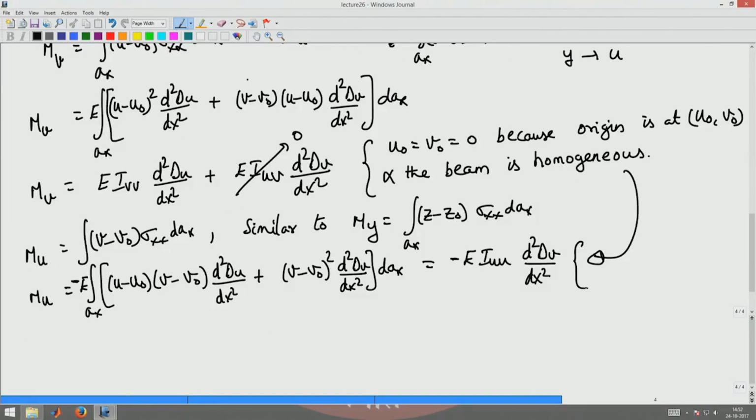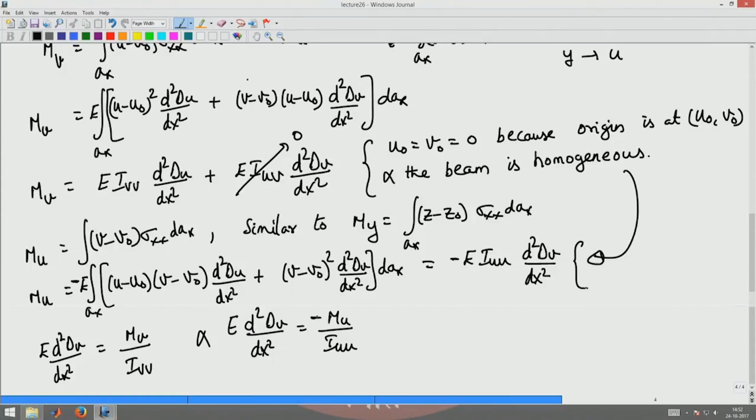Now, you have E d square delta u by dx square equal to Mv by Ivv, and solving these equations, E d square delta v by dx square equal to Mu by Iuu with a negative sign. Now I know how Mv and Mu vary as a function of x, so I use this equation to find delta u and delta v.